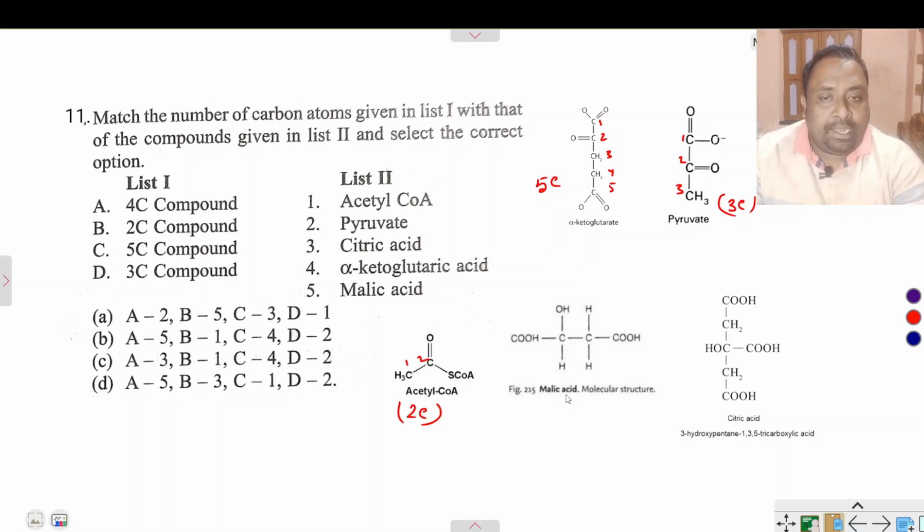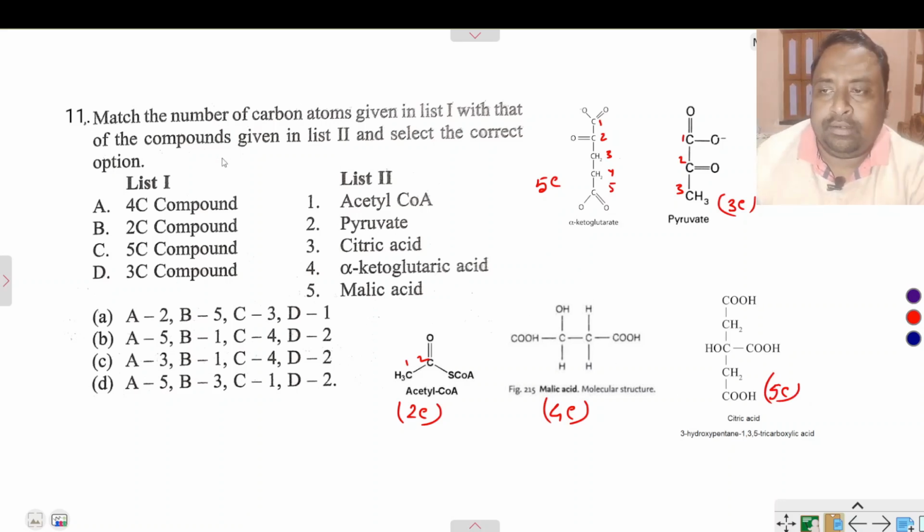Malic acid is 1, 2, 3, 4. 4 carbon compound, which is malic acid. And this is 1, 2, 3, 4, 5. Clear?